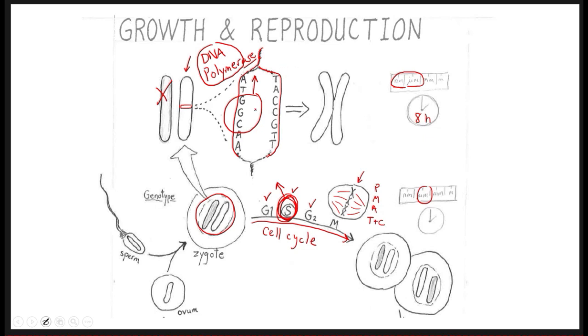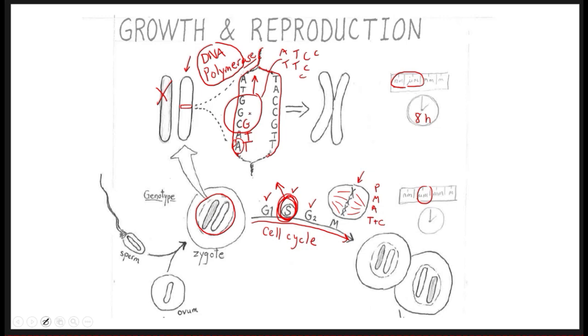There we go. And its job is to come in and take free nucleotides. So there's a bunch just floating around in here, a bunch of A's and T's, a whole bunch of them, and a whole bunch of C's. And they're just floating in here, and DNA polymerase grabs those and says, okay, I'm going to match this up. If I see an A over here, then I'm going to match it up with a T. Same thing here.